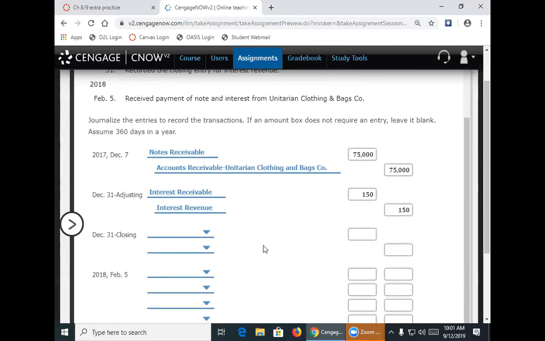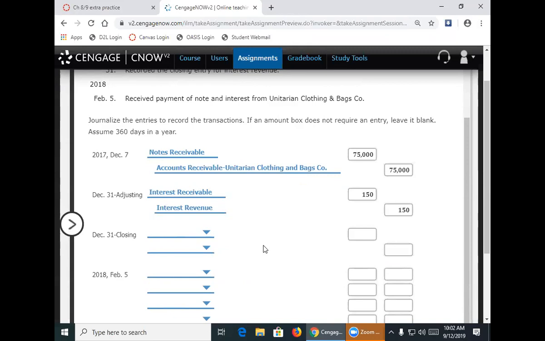So the last thing you need to know, though, is the journal entry when the full payment is received. So February 5th is the maturity date, right? That's the due date, the maturity date. So they're going to pay us the full 60 days of interest at that point.